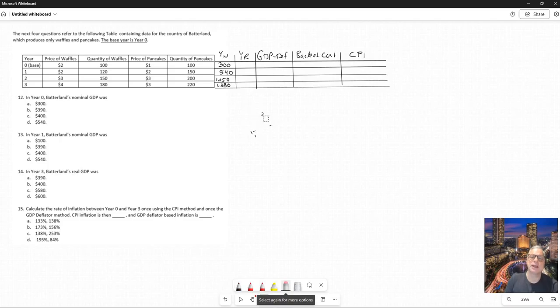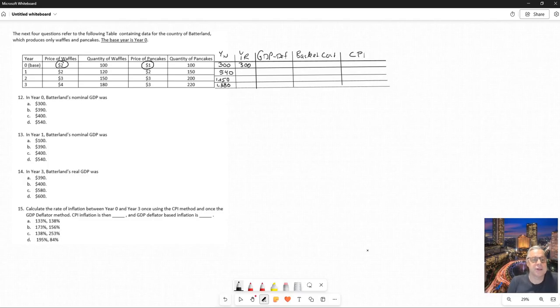Okay, so now when it comes to real GDP, you remember we now hold the prices constant. For the base year, the real GDP is still 300, because we do 2 times 100, 200 plus 100, so that is also 300.